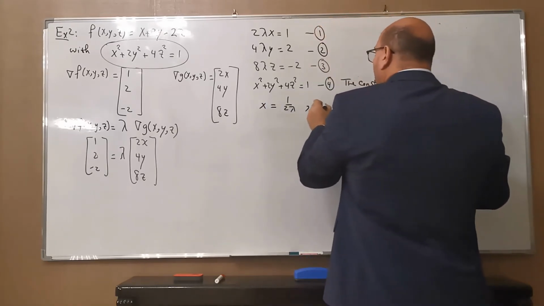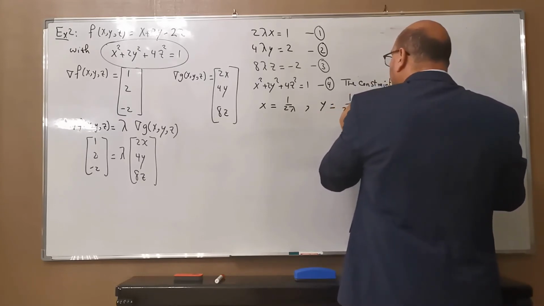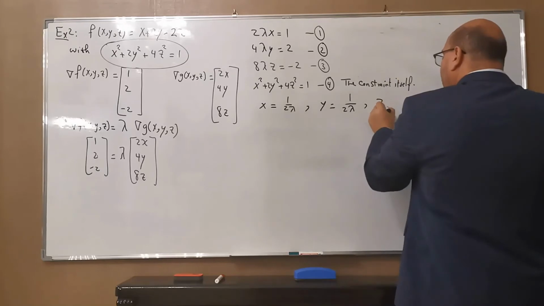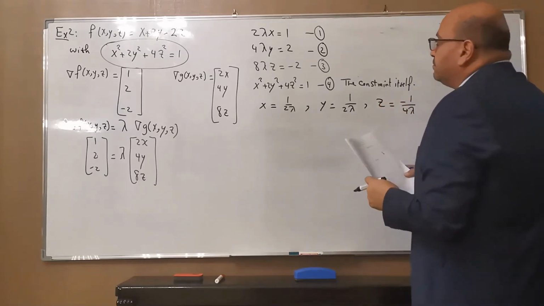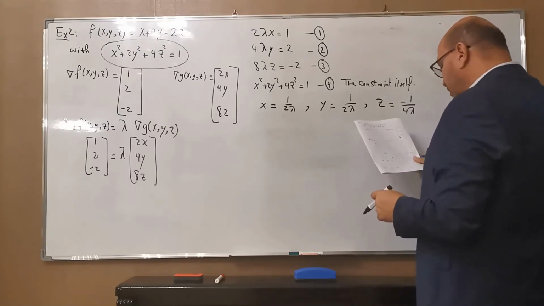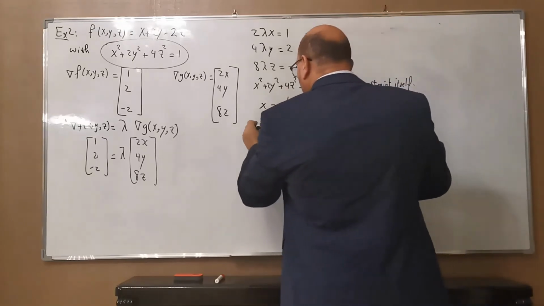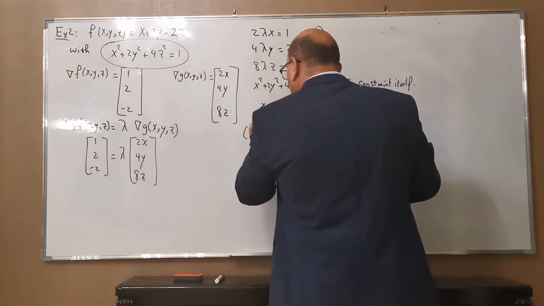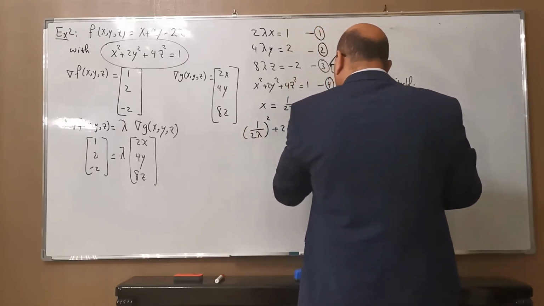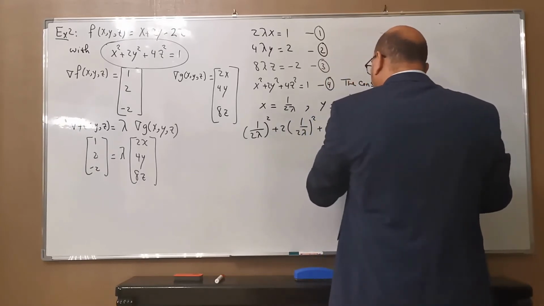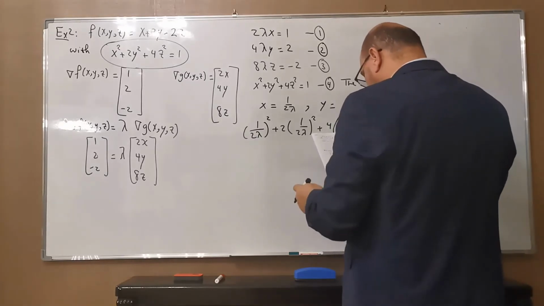Okay? Now, from the first equation, we can say that x is equal to 1 over 2 lambda. From the second equation, y equals also 1 over 2 lambda. And from the third equation, we can say that z equals minus 1 over 4 lambda. If we apply this in the constraint itself, then you have (1 over 2 lambda) squared plus 2 times (1 over 2 lambda) squared plus 4 times (minus 1 over 4 lambda) squared equals 1.